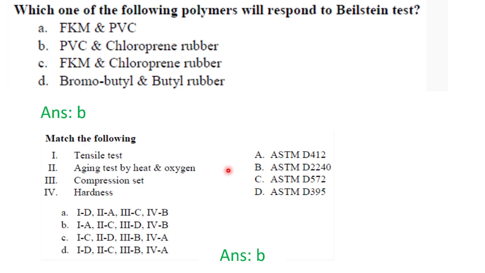Okay, okay. So today we have discussed different standard methods and different chemical analysis techniques, and also different preparation methods of different samples, because this is very important, the preparation of test pieces.